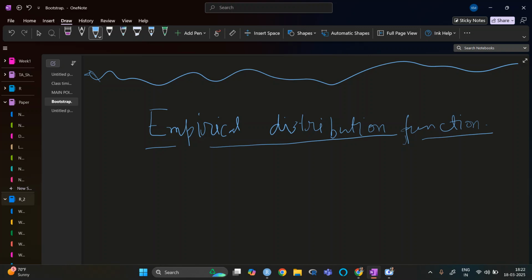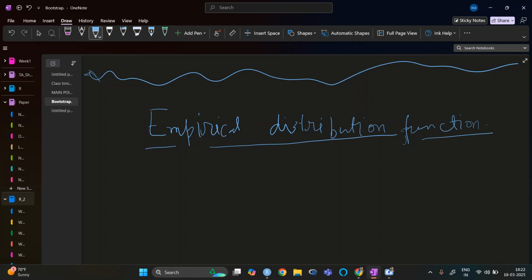So the empirical distribution function is basically when we do something like tossing a coin or a die. The probability of one coming is 1 by 6, and for all it is 1 by 6.